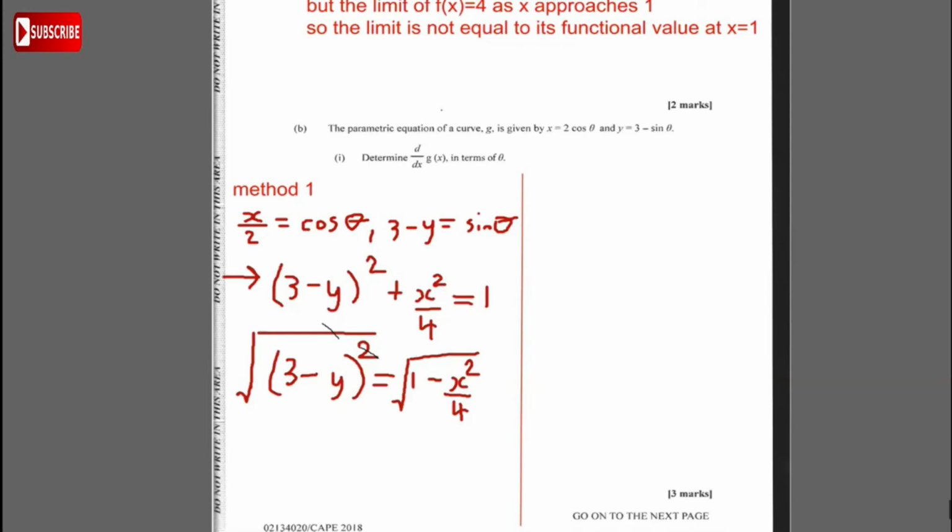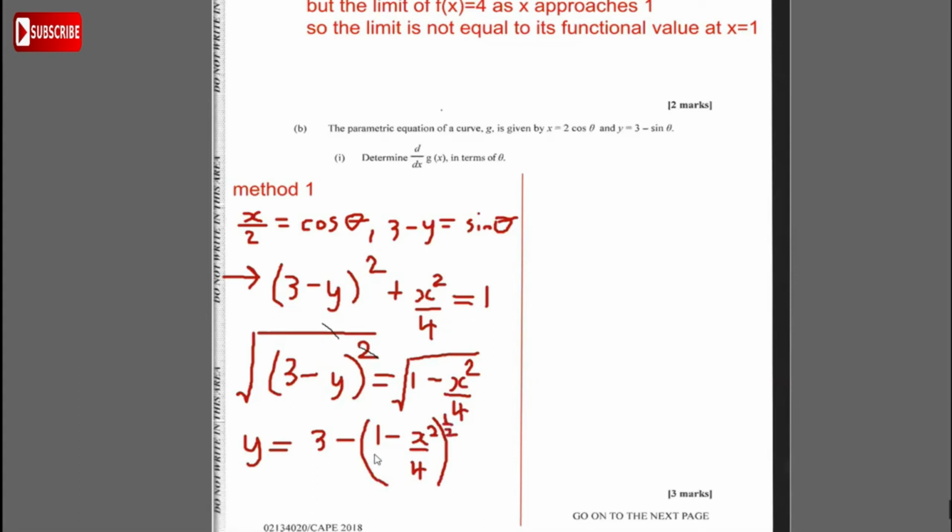And so that means that y is equal to 3 minus the square root of, and instead of saying square root, I'm going to say y is equal to 3 minus 1 minus x squared over 4, all of this raised to the half power.